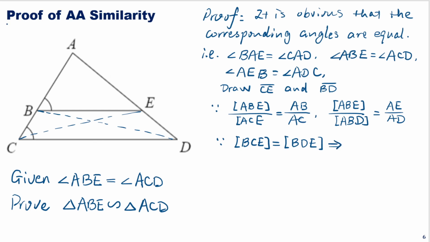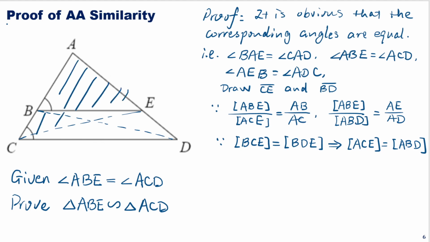Therefore, the area of ACE also equals the area of ABD. Can you see that? Because ACE is simply this triangle plus this triangle, and ABD is this triangle plus this triangle.